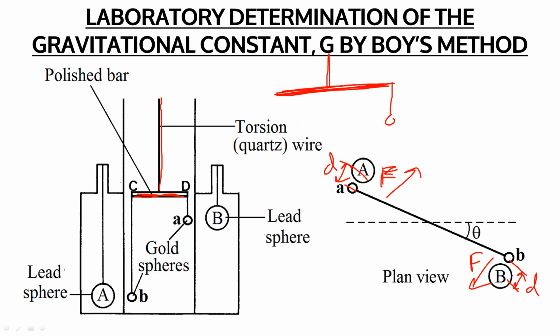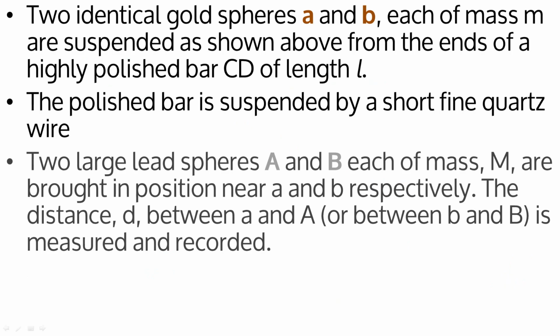If the distance from A up to B is L, in simple terms the length of CD is L, then to get the torque of that couple, you just get F times L. You remember that from O level.